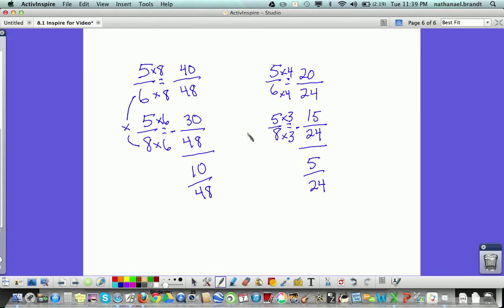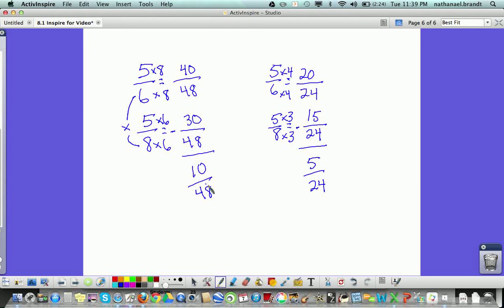So, for simplifying a fraction, we have to figure out if the fraction is in simplest form. 10/48 is not in simplest form. 5/24 is in simplest form. There's nothing I have to do to this fraction. So yes, I had to do a little bit of work down here to find the least common multiple, but it saved me some time now to put it in simplest form.